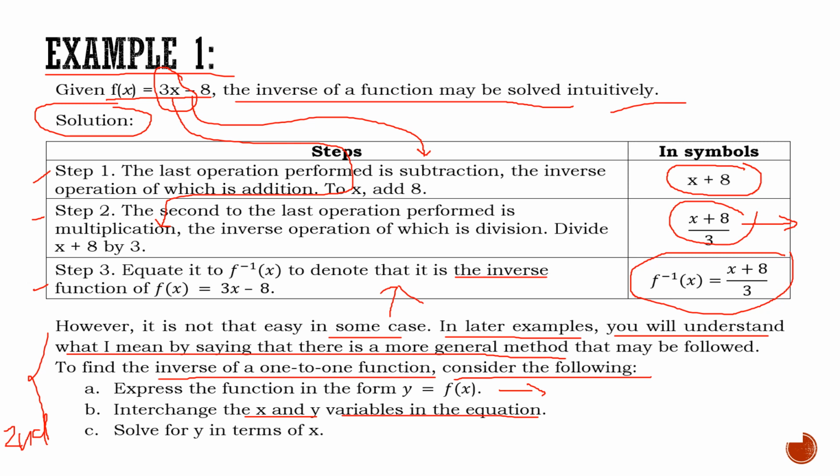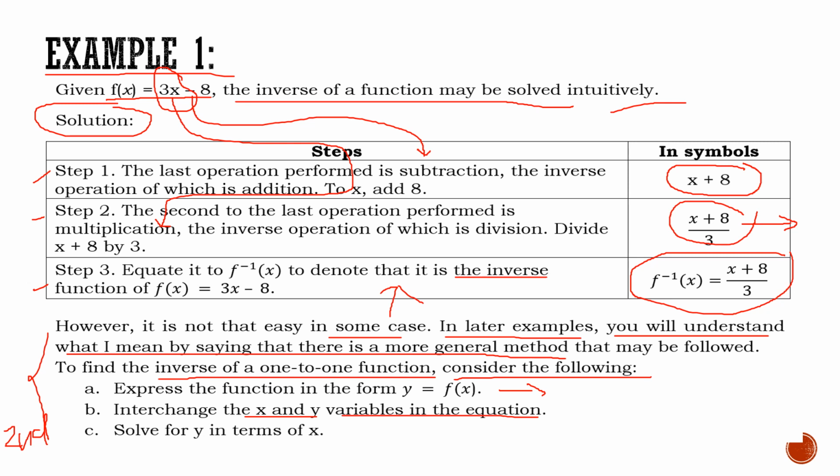We replace all the x variables in your given function with y variables, and all the y variables with x. So it's vice versa. We just simply interchange the positions of your x and y variables.